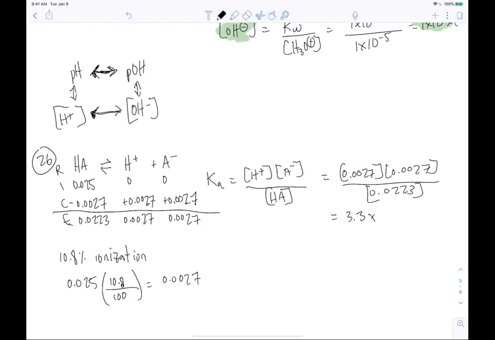Come out with some number, 3.3 times 10 to the minus 4. That's what I come up with. Yeah, that's what they come up with too.